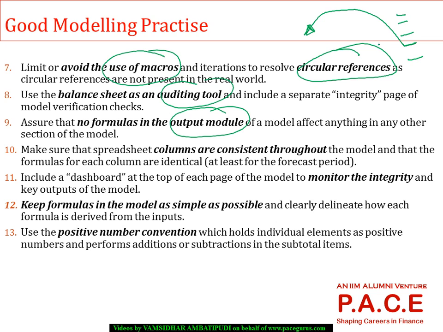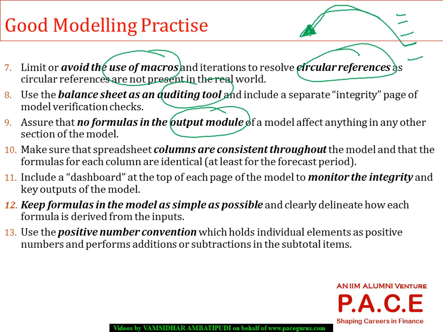Any change to that output, again iteratively, should not impact the outputs and go in a continuous loop. Make sure whatever you are putting as part of your output module is the final, and it is presented by taking the calculations from the input as well as the relevant calculations.